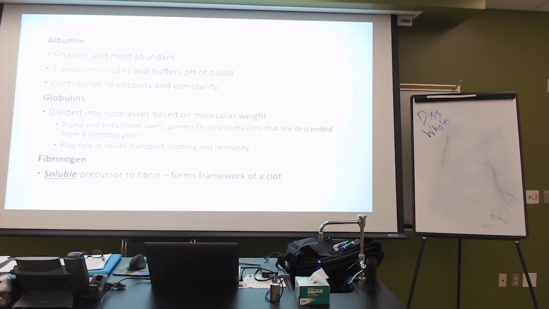Gamma globulins are what happens with antibodies, stuff that deals with our immune system. Some people can be low in that. They actually could get an infusion if they need it. So gamma means that it comes from the B lymphocytes that are with our immune system.